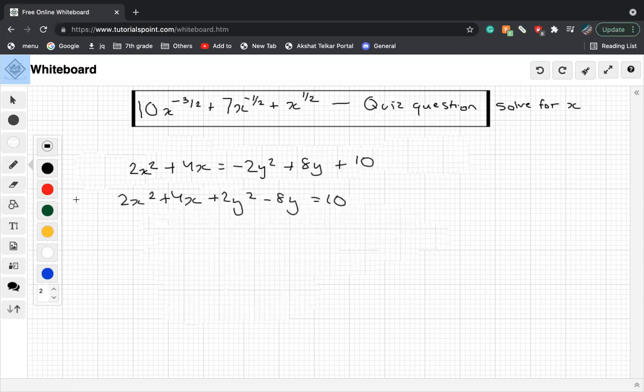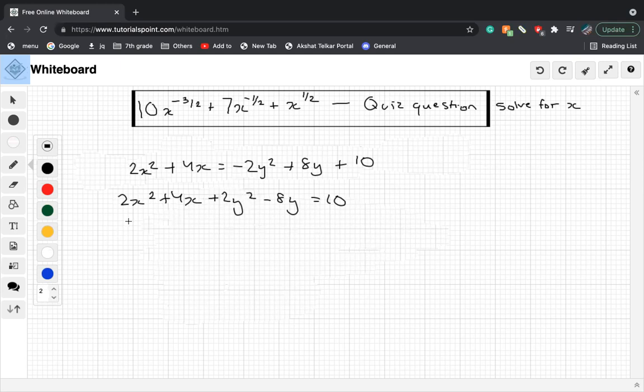Remember, the x squared and y squared coefficients must be equal to each other. Given an equation for a circle, because they are perfect squares, they must be equal. So the first thing you want to do is make sure the coefficient of x squared and y squared is 1.